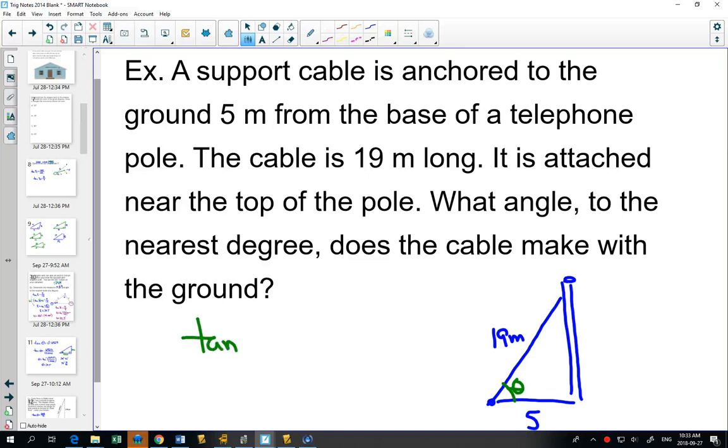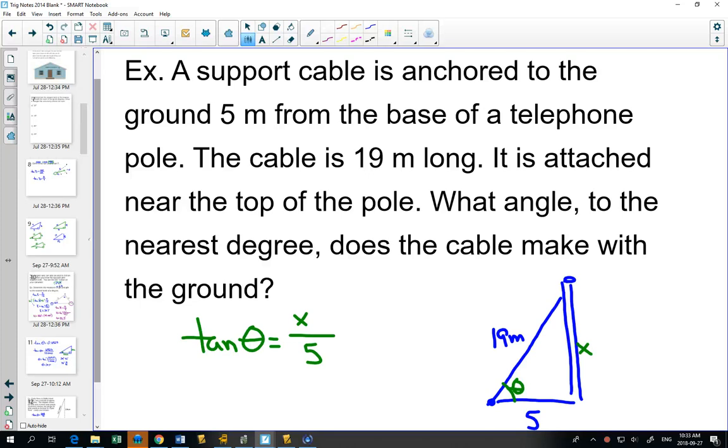What's the problem if I go tan and write out my definition? We don't have the opposite side. We know the adjacent is 5. Instead of using a question mark, are you okay if I put a letter X here saying, oh, I sure wish I knew what that other side was?